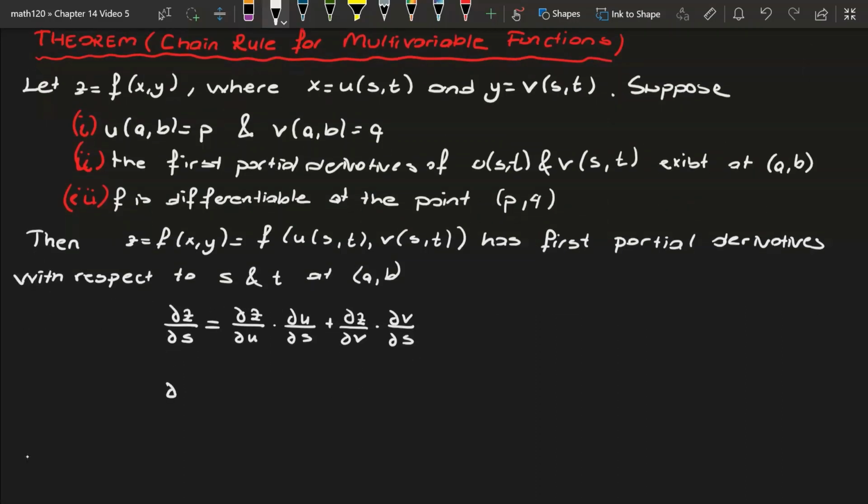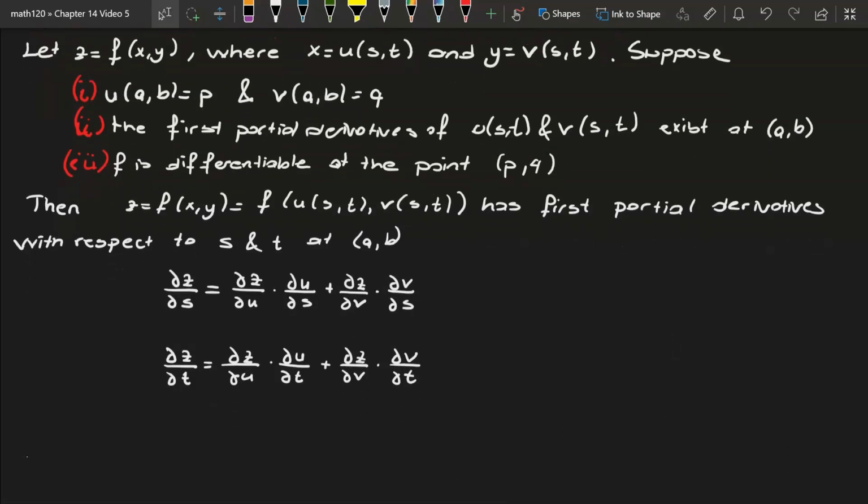Similarly, del z over del t is del z over del u times del u over del t plus del z over del v times del v over del t. Okay, this is known as the chain rule for multivariable functions.